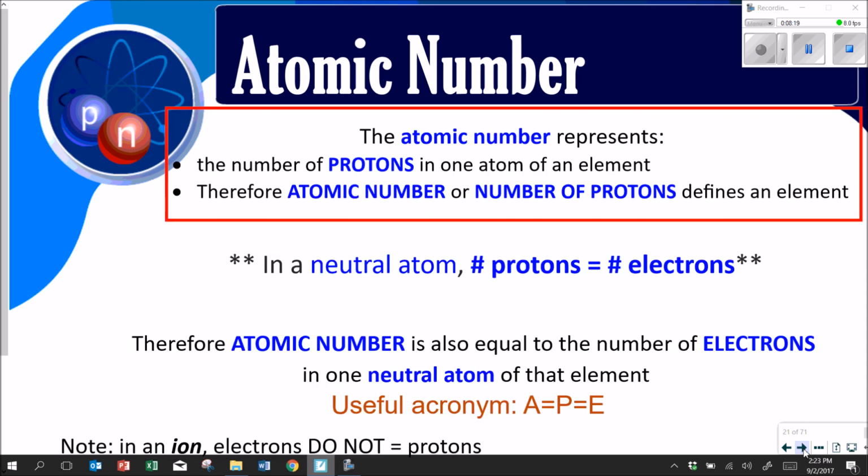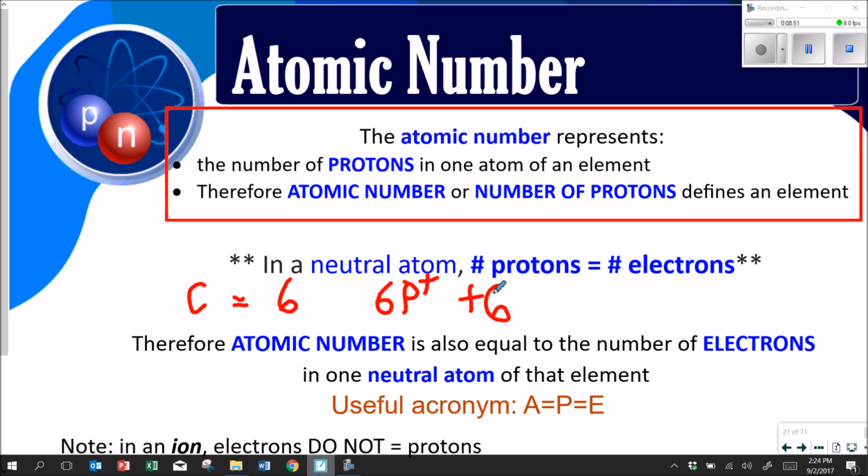So what does the atomic number represent? It is the number of protons in one atom of an element. Therefore, the atomic number or the number of protons will define an element. In a neutral atom, the number of protons and electrons is equal. So if we, for example, take carbon, which has an atomic number of 6, it means that carbon has 6 protons, and therefore the charge, because of the protons, will be positive 6.